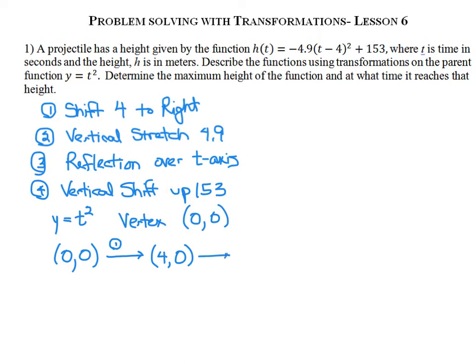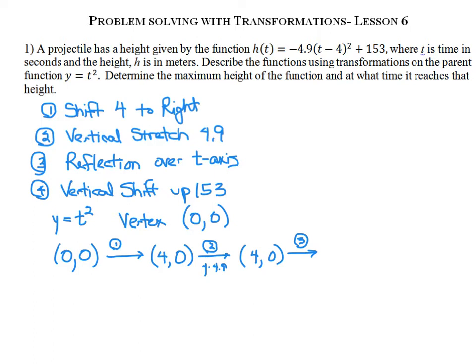In transformation number 2, when I do a vertical stretch, I take the y coordinate and I multiply it by that vertical stretch number. So I'm multiplying the y coordinate by 4.9. But since the y coordinate is just 0, my vertex is going to stay at the point 4, 0. When I apply transformation number 3, that's my reflection over the t-axis.